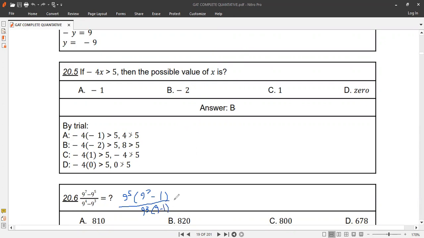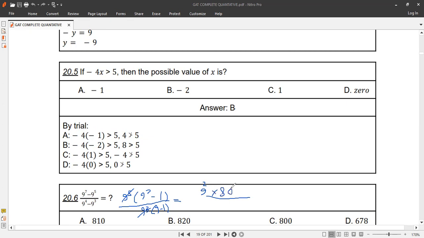Now, guys, I can simplify. 9 power 5 over 9 power 3 is 9 power 2, because dividing powers is subtracting them. So 9 power 2 is 81 minus 1 is 80.